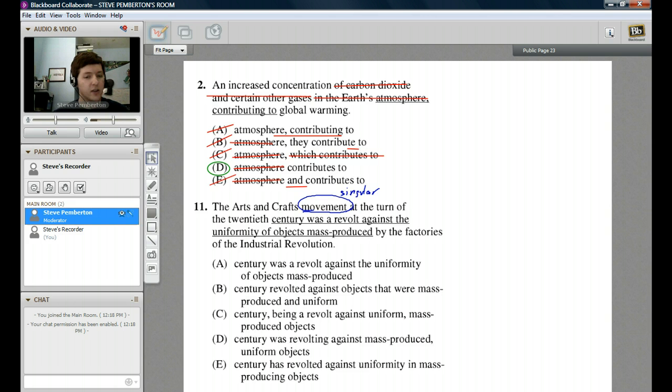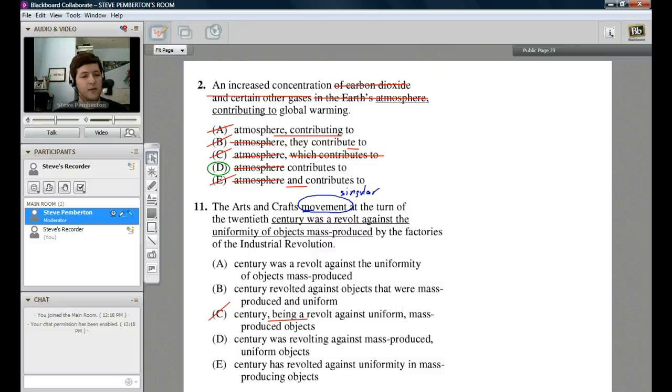It's okay. Let's look at the answers though and see if any of them switch them to "were." B, "century revolted against objects that were mass-produced." It does have the "were." It moved it around, so it might be okay. We'll come back to it.